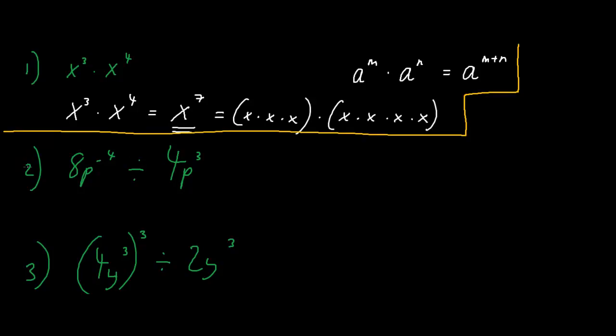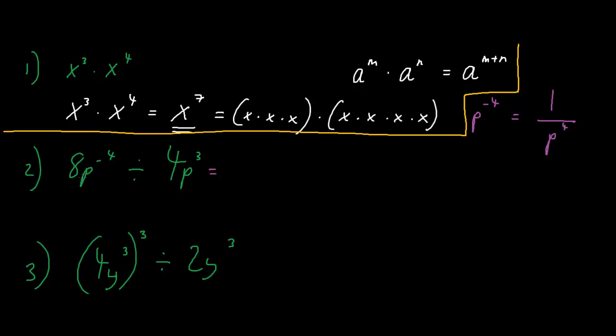Okay, so how can we simplify expression number 2? 8 multiplied by p to the power of minus 4 divided by 4 multiplied by p to the power of 3. Well, we know that p to the power of minus 4 equals 1 over p to the power of 4.